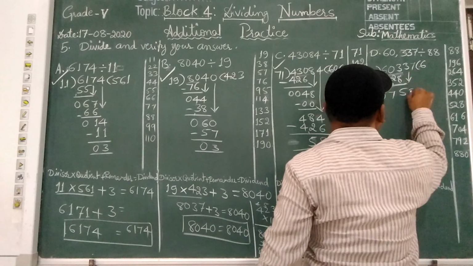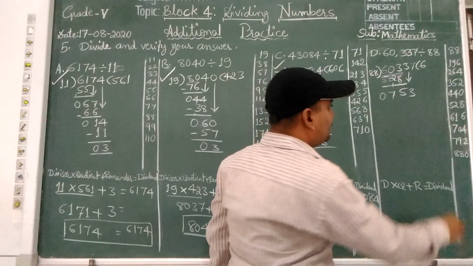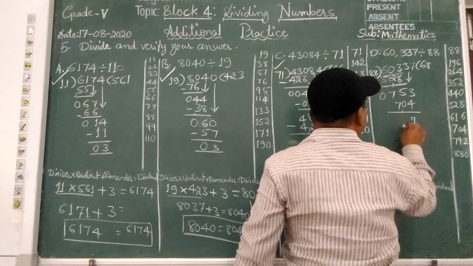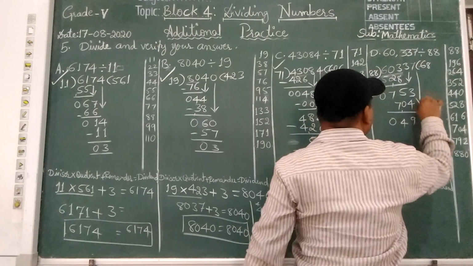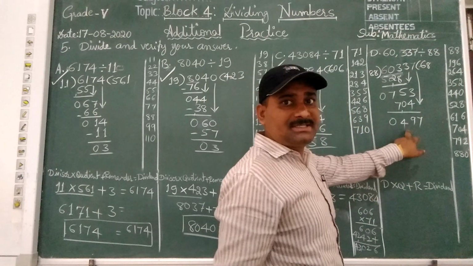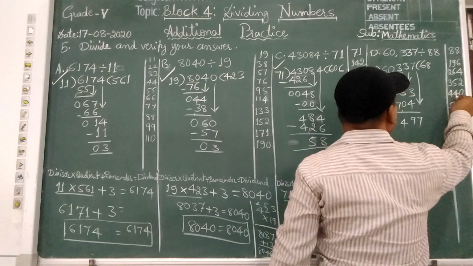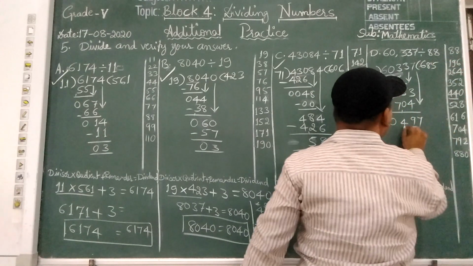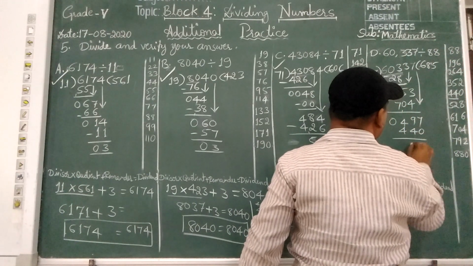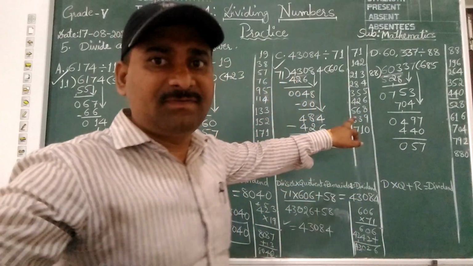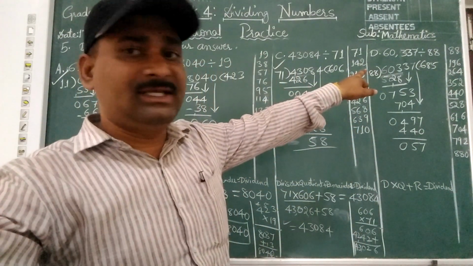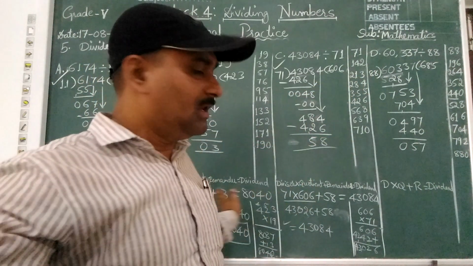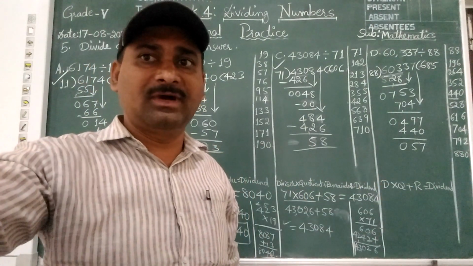Now take this 3. 753. 704. Take the last 497. 497 will be this one, that is 88. You do this yourself. Quotient is 685, divisor is 88, remainder is 57. Like this, you verify the answer yourself. Okay? Thank you.